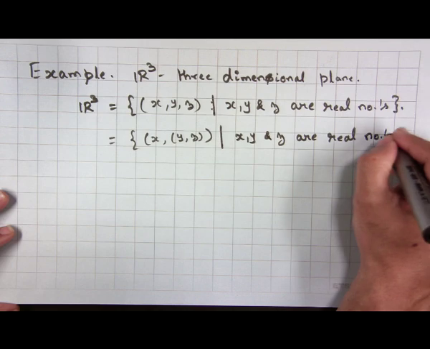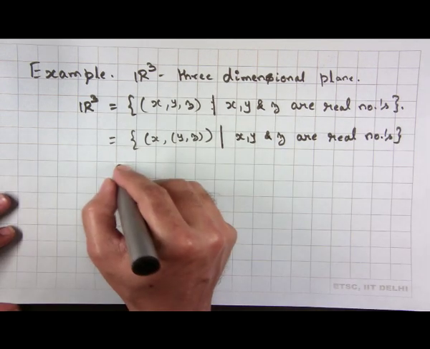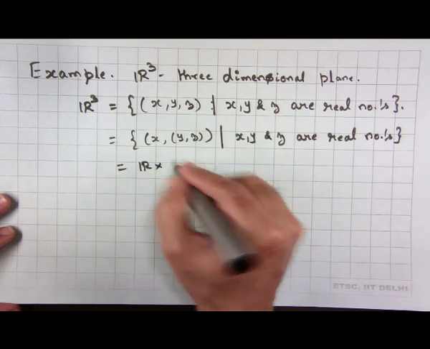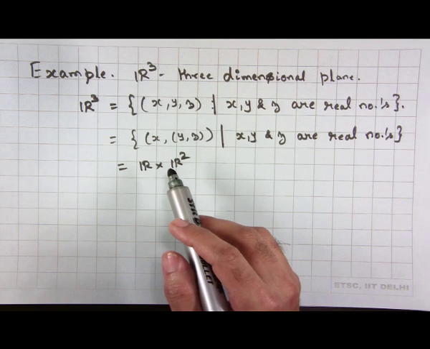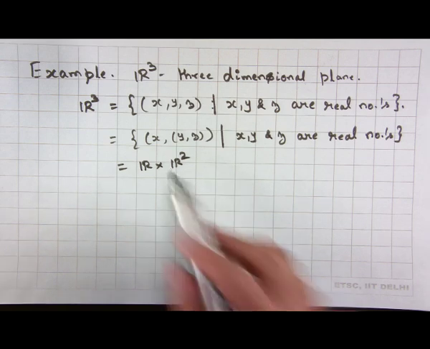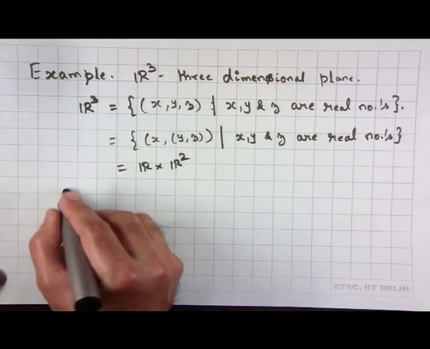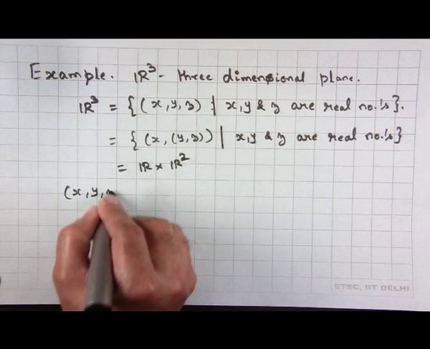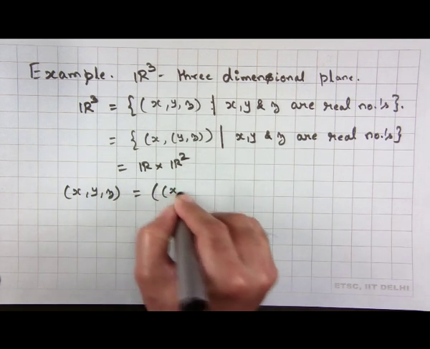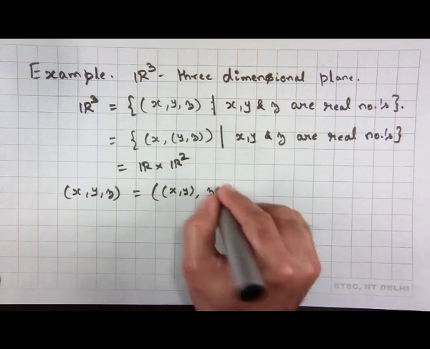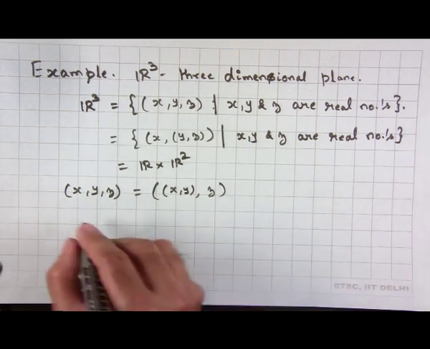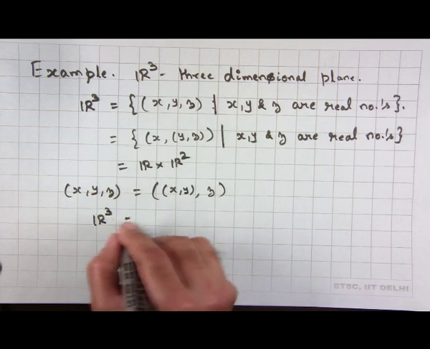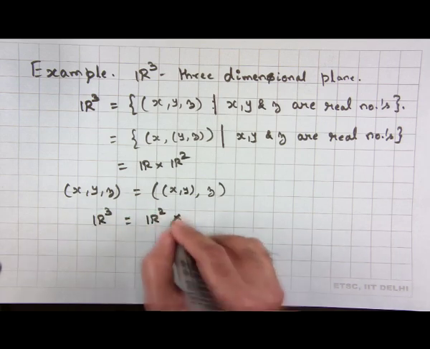Once I have this, I can write this as R cross R 2. The natural question is, why can't I separate x, y, z as x comma y as the first 2 entries and then separated by a comma for the third one? Yes, this is right, and one can identify R 3 with R 2 cross R.